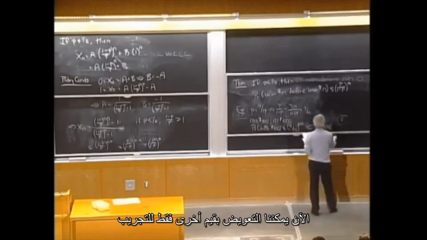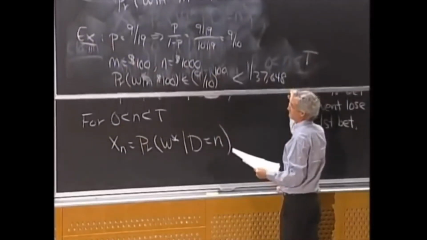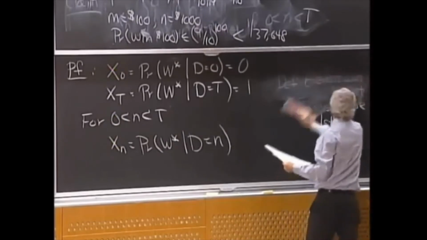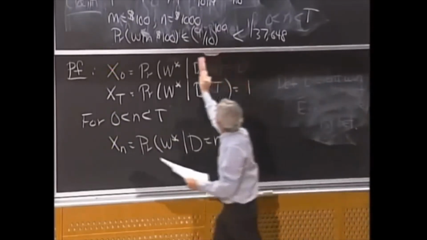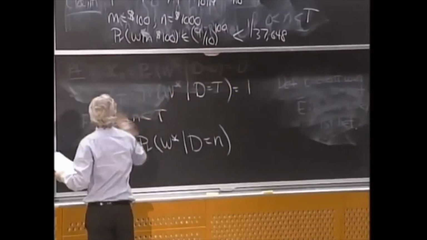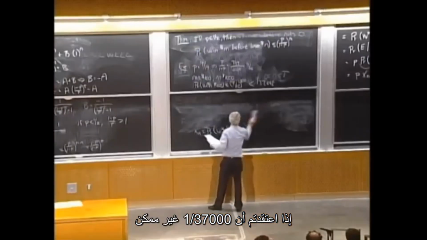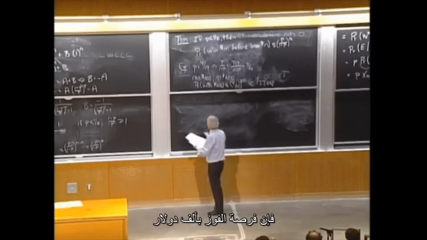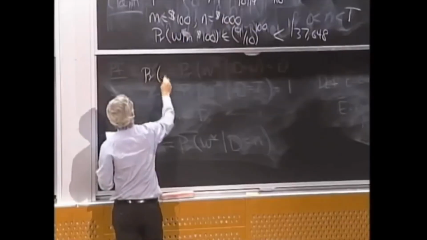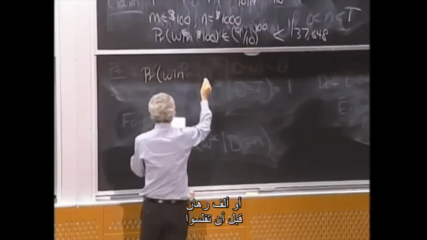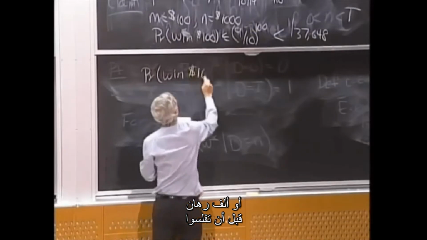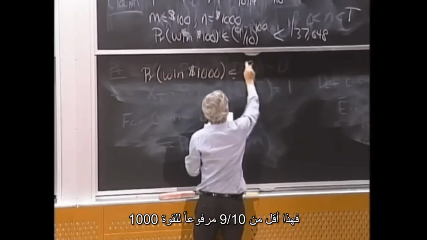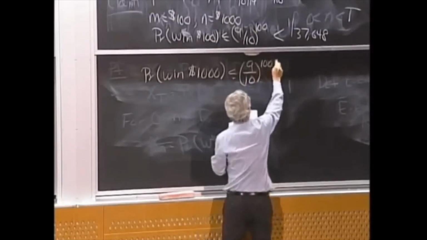Now, we can plug in some other values just for fun. Different values of m. If you thought 1 in 37,000 was unlikely, the chance of winning $1,000, or 1,000 bets worth, before you're broke, well, that's less than 9/10 to the 1,000.